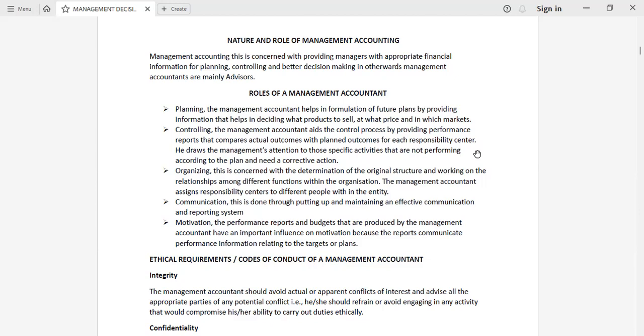And that information may be in terms of planning, because if we are advising on the budgets, it's part of planning. If we are controlling costs or even making decisions, because if we advise that the information you have picked is right, then we can use that information and make a decision, and say maybe we'll go with this because the information has been verified.